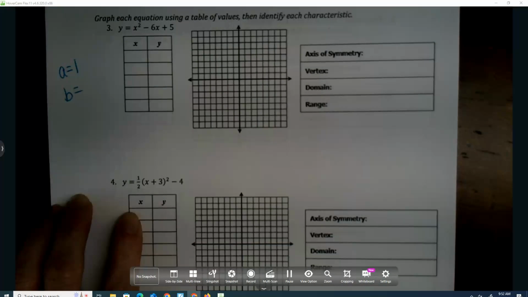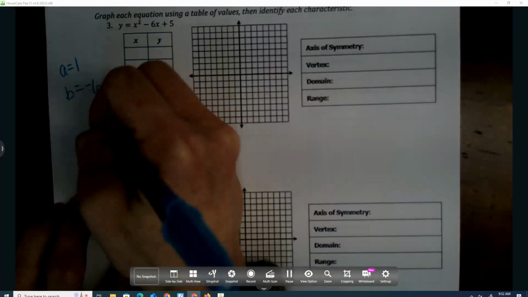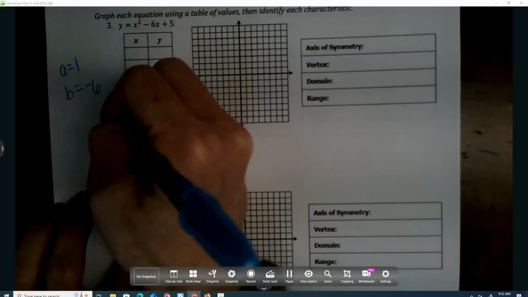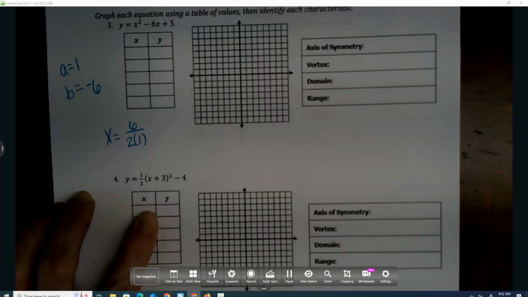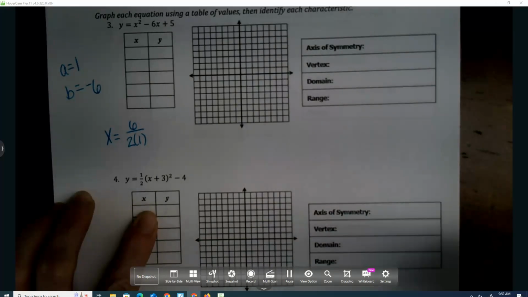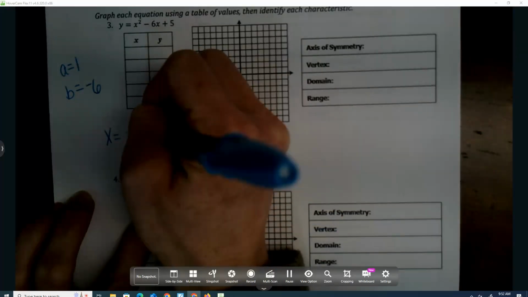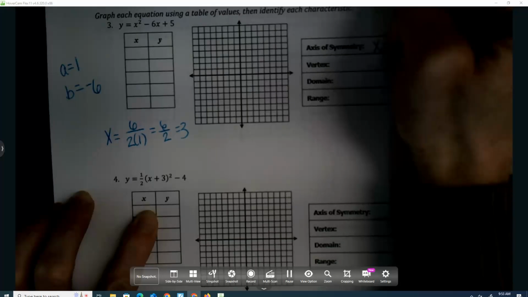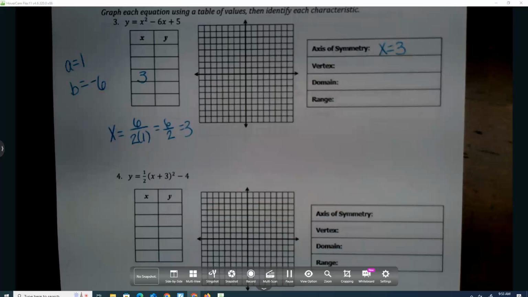Okay. Caden, what's my b? 2. Good. And since it is minus 6, let's make it negative 6. So, the opposite of negative 6 is positive 6 over 2 times a. So then we have 6 divided by 2, which is 3. So on my axis of symmetry, we write x equals 3, and that is the middle box in my table.